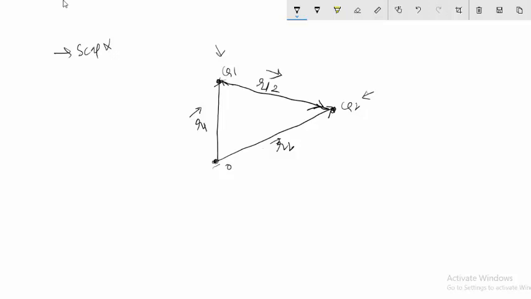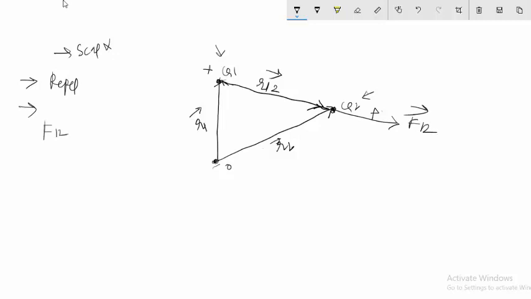Assuming that this is positive and this is positive, in the previous videos you saw that by the law of static electricity both the charges will repel each other. So the direction of the force F12 will be away from the charge Q2.